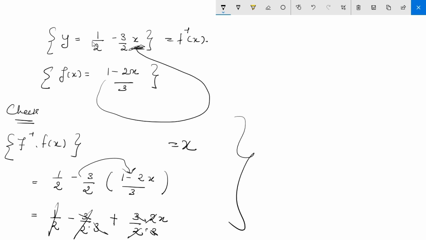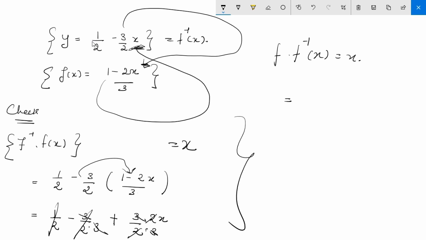Next you have to check that f of f inverse of x is equal to x. To do that, you substitute f inverse of x here. So you get 1 minus 2 of 1 by 3 divided by 2 by 3 into 1 by 2 minus 3 by 2 of x.